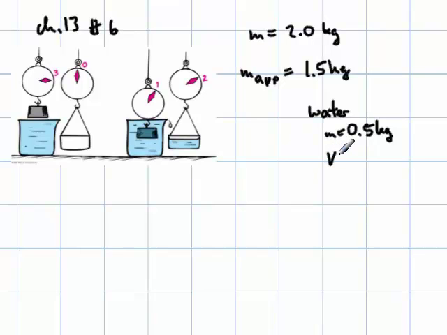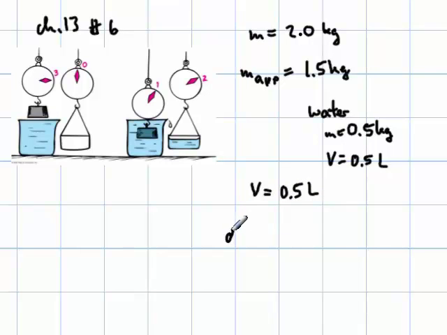Then the volume of water being pushed out is also 0.5 liters, and because the object is submerged, an equal amount of water is being displaced, so V equals 0.5 liters.